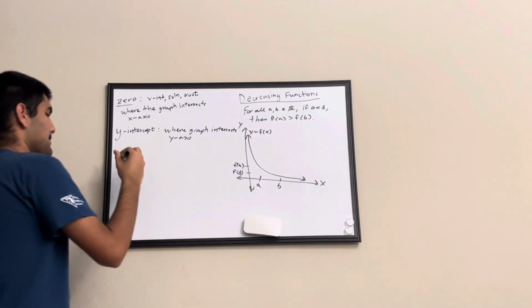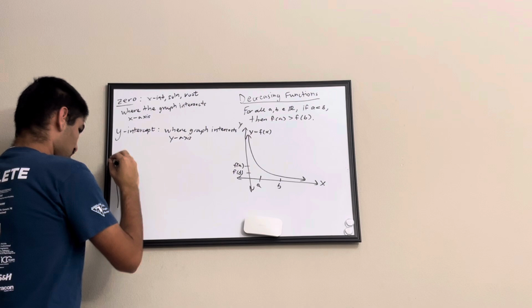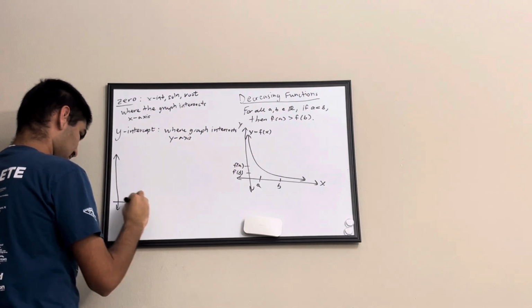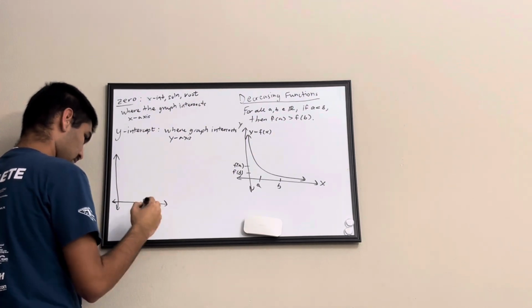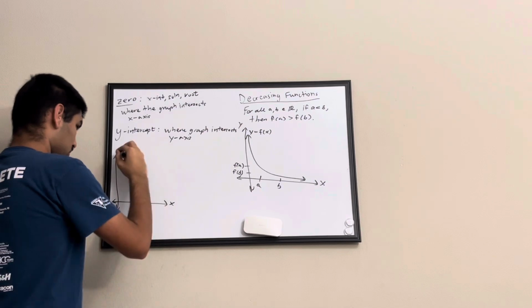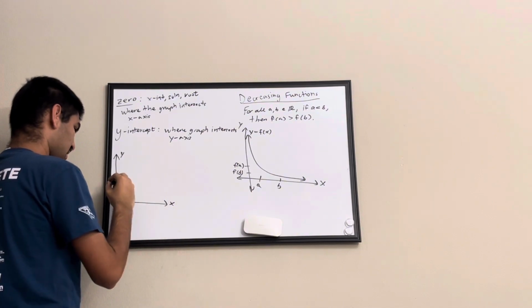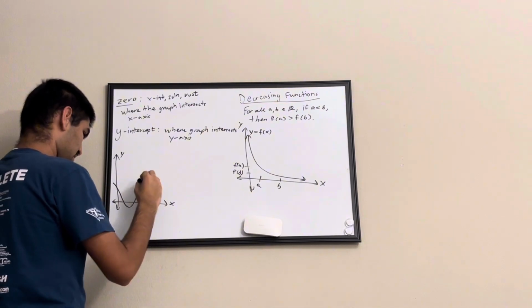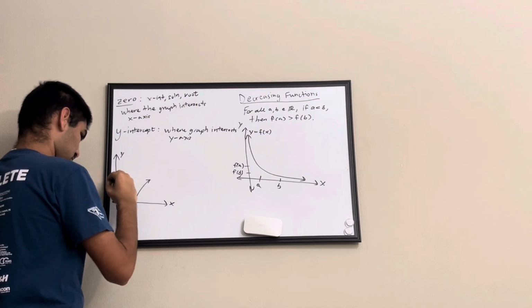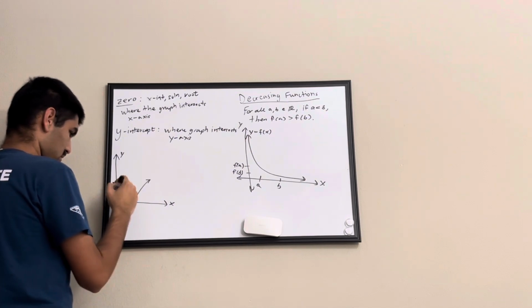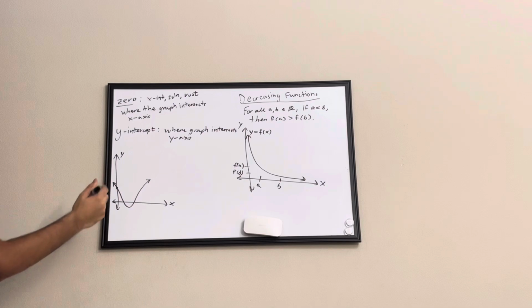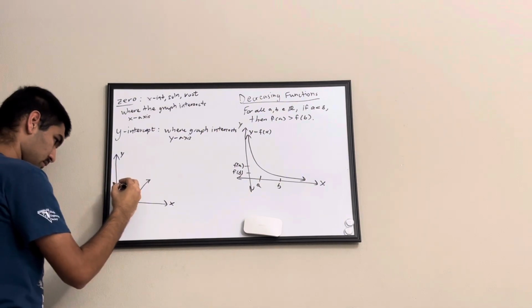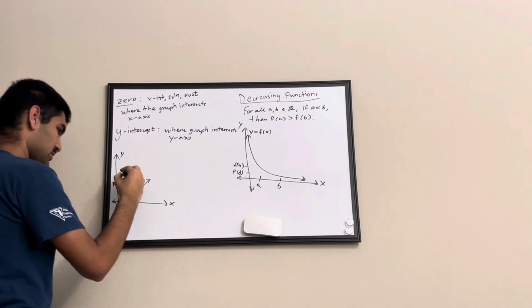All right. So if we visualize this, with x and y axes, and we have some graph, say something that looks like that, this right here would be the y-intercept because it's intersecting the y-axis at this point.